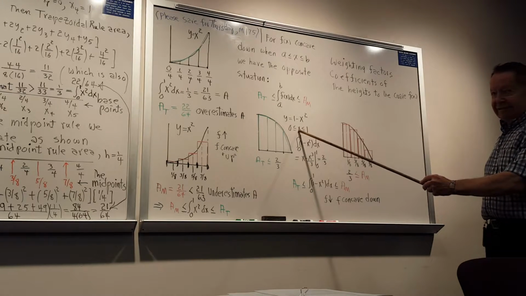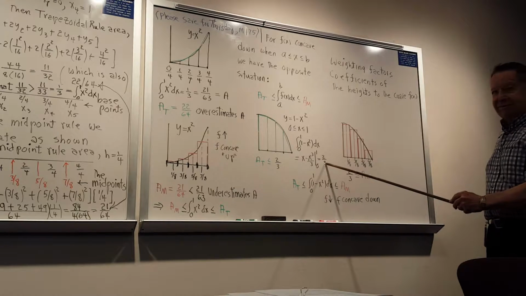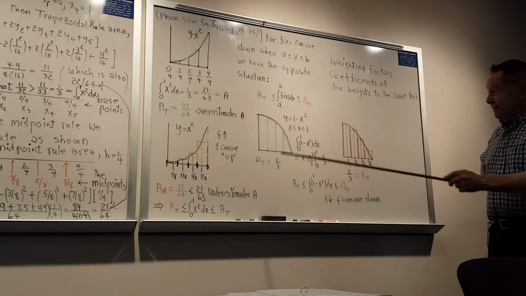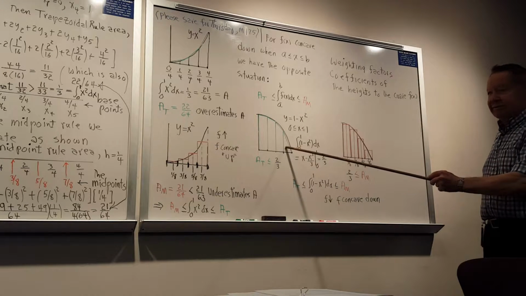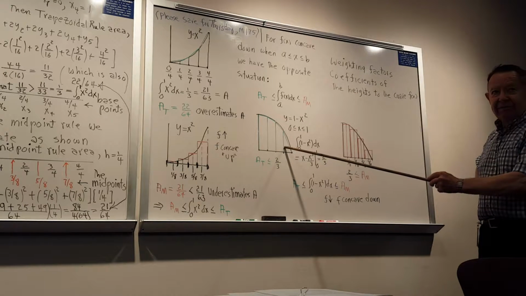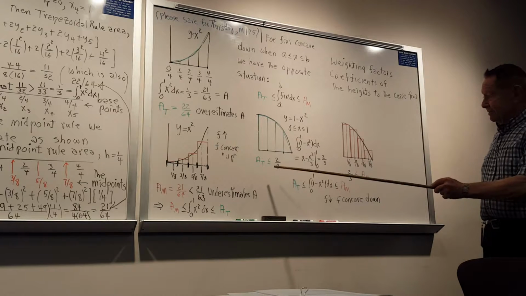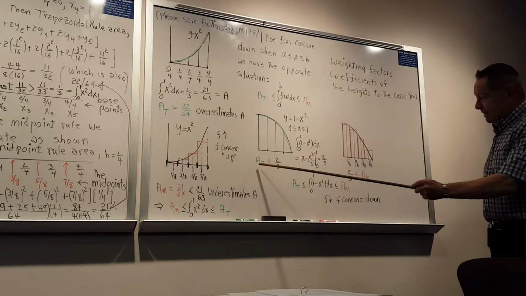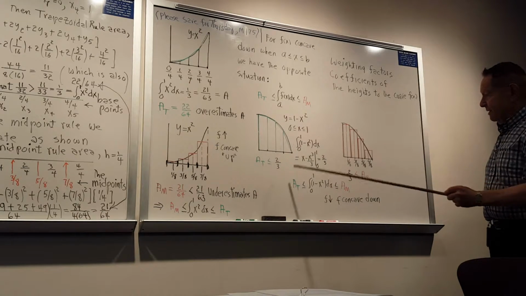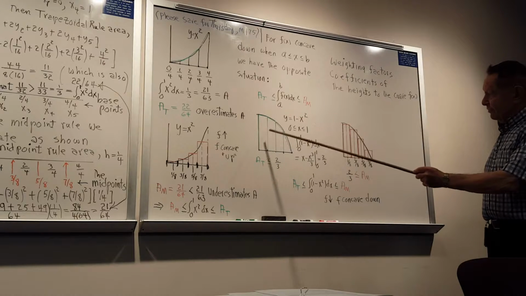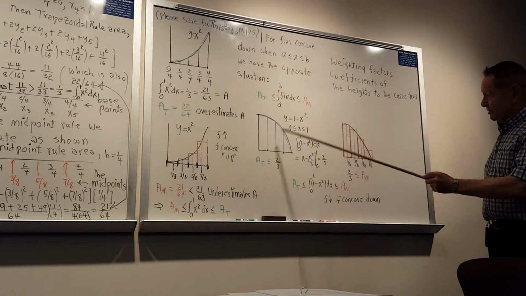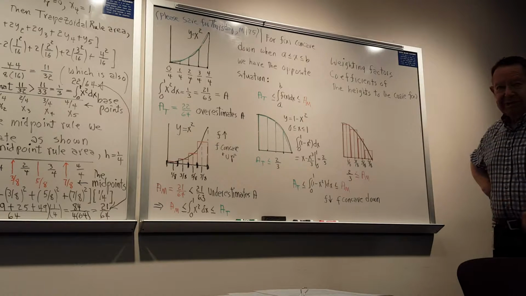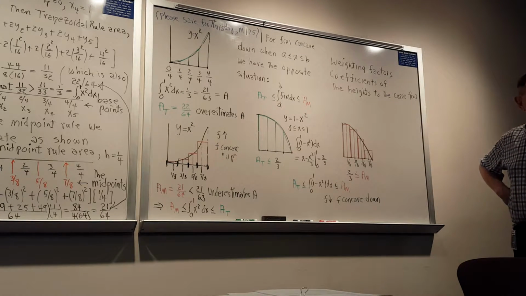And you can do the integral and get exactly 2/3. And you can also put in the 4 trapezoids, and you can see they're all too small. And so you expect that if you did the trapezoidal formula for these base points and this function, what you'd get would be something less than 2/3.